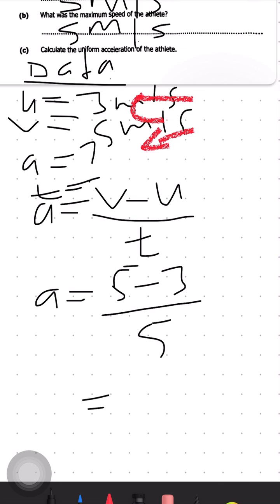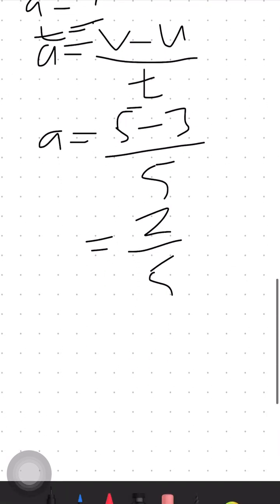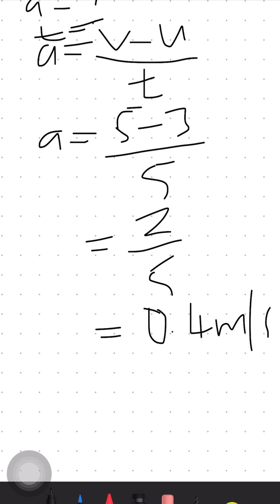When you subtract, you're going to have 2 over 5. 2 over 5 is going to give us, let me use my calculator, 0.4 meters per second squared. So this was the uniform acceleration.